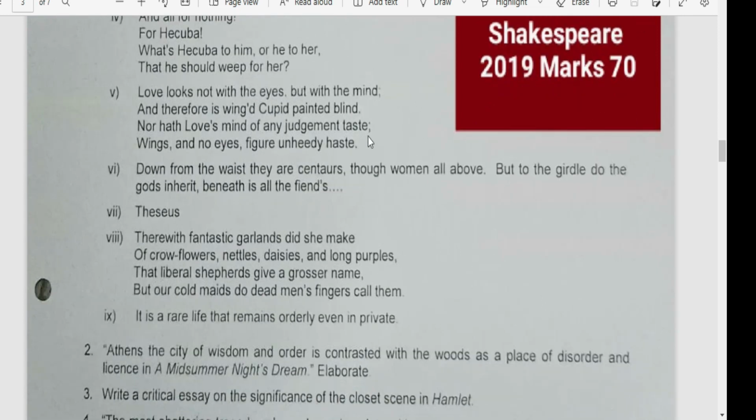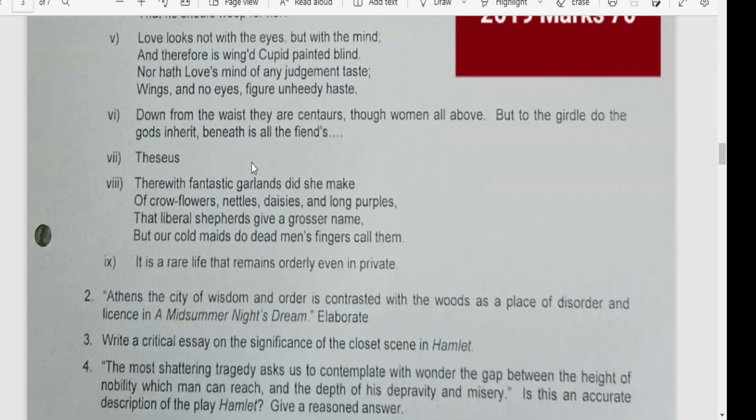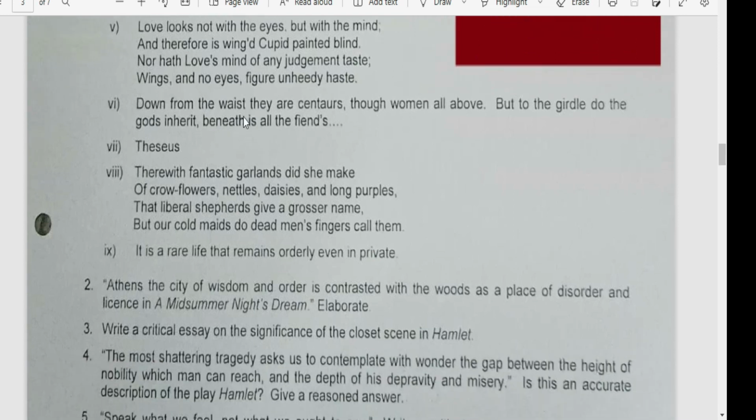What's Hecuba to him, or he to Hecuba, that he should weep for her? Love looks not with the eyes but with the mind, and therefore is winged Cupid painted blind. Nor hath Love's mind of any judgment taste.